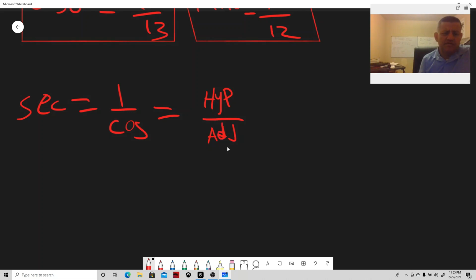Okay, so now we can say that, remember this is theta, so secant of theta right now is going to be equal to, hypotenuse is what? 13, we found it, right?